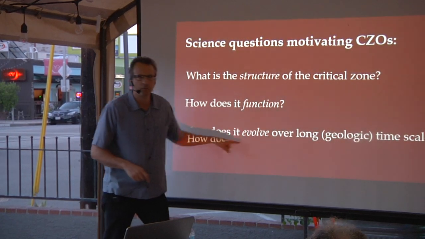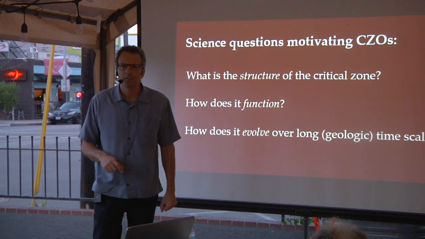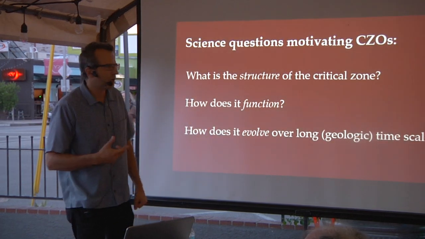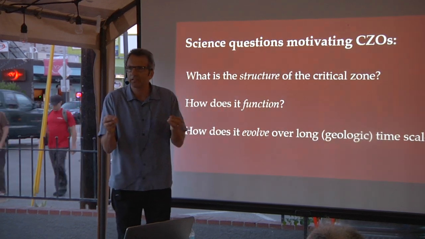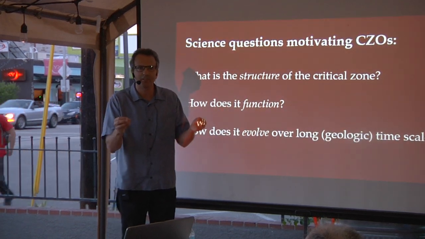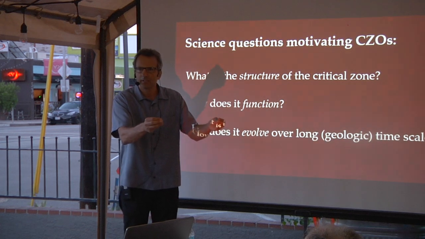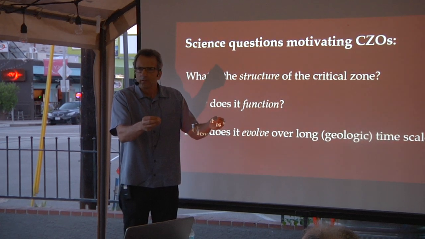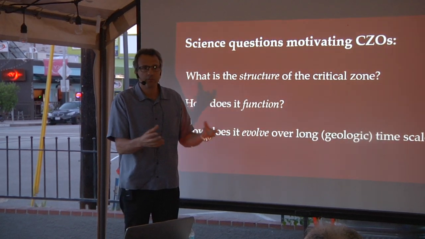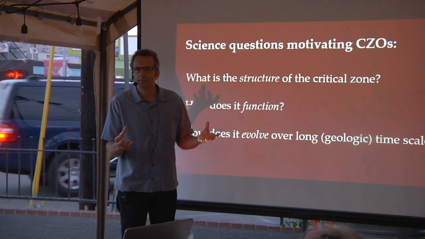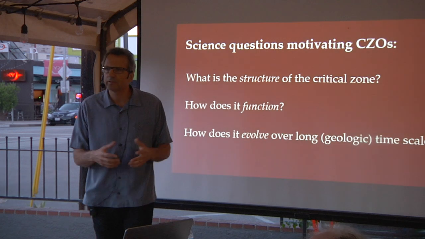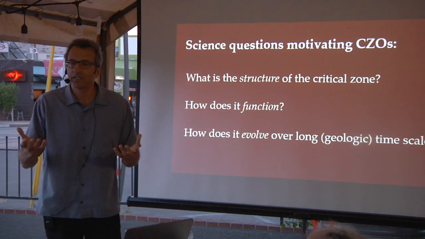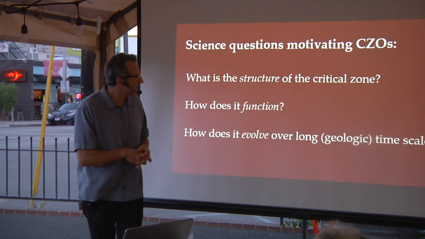How does it evolve over long time scales? This is a question that all of us are seeking to ask across the network. We're all studying the critical zone at a given snapshot in time. We go out to a given site. That site has been developing over millions of years in many cases. And so we're out here for a relatively short period of time during which we have the funding to do so from the National Science Foundation.